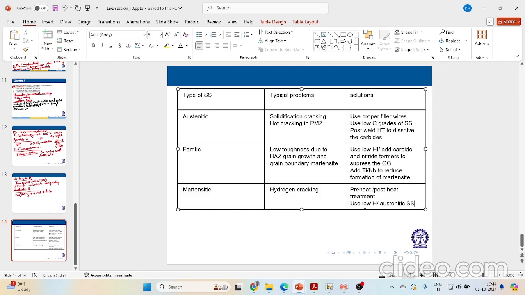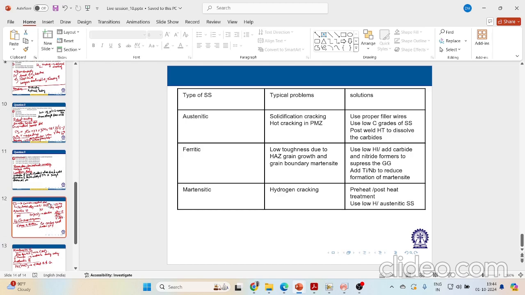Right? So I have kept it very brief. Let's not go into much detail of the physical metallurgy again. I have kept it brief to understand the typical problems associated with different kinds of stainless steels and what can be the solutions to avoid those.